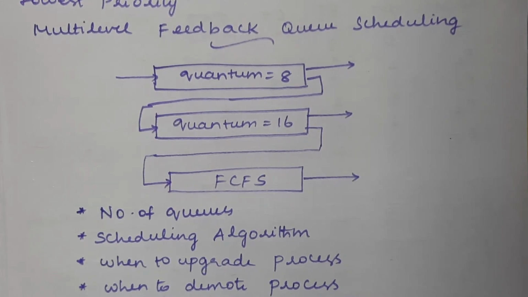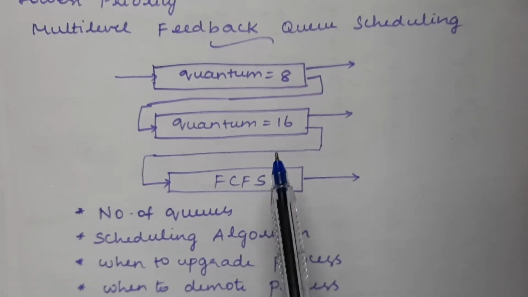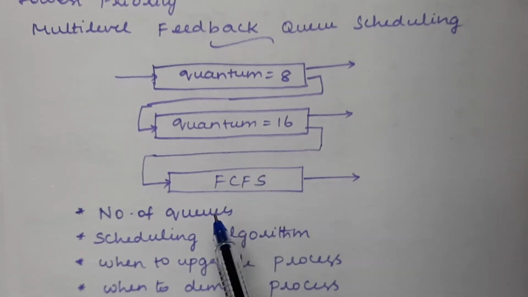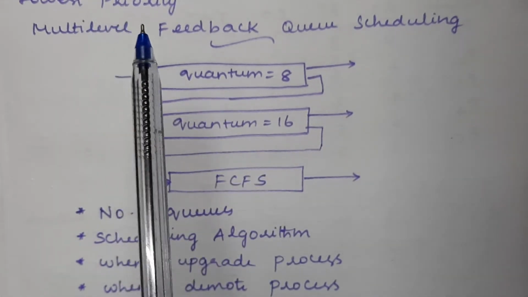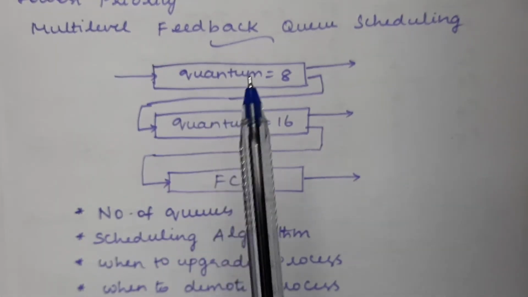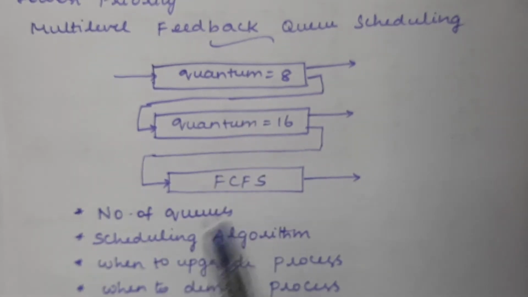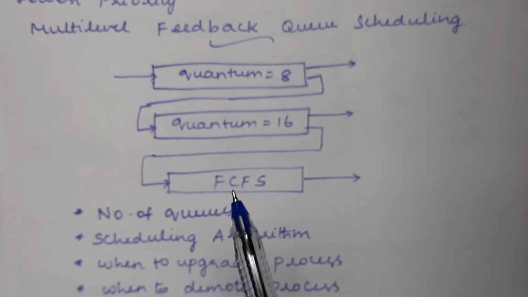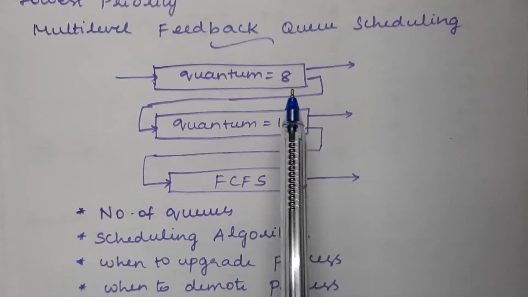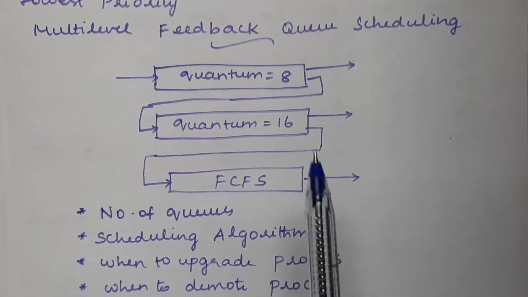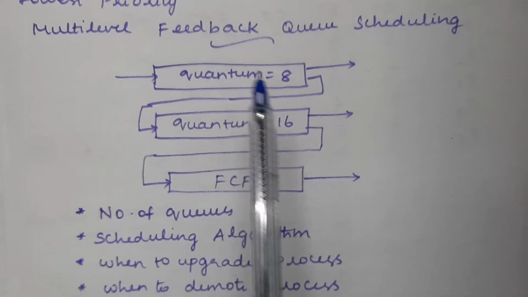Here we follow the same structure that we followed in multi-level, but the only difference is that the process can be moved between the different levels of queue. In case of multi-level, we cannot move the process from one queue to another queue, or from one level of queue to another level of queue. But here we can move the process from one level of queue to another level of queue.